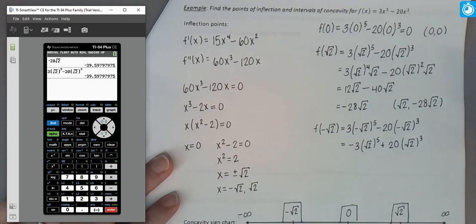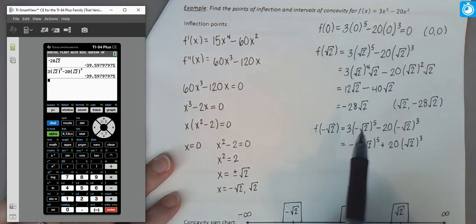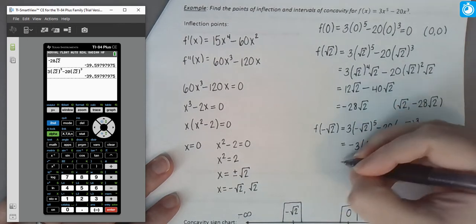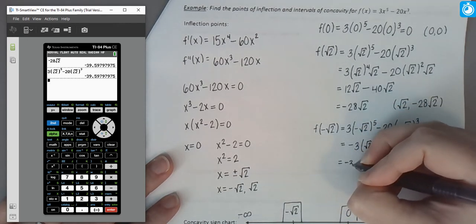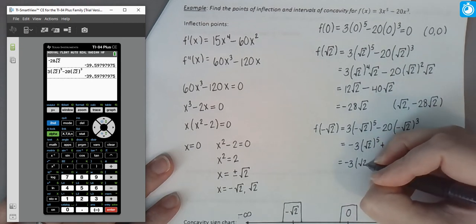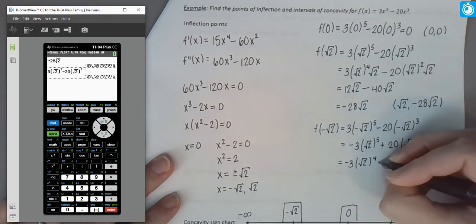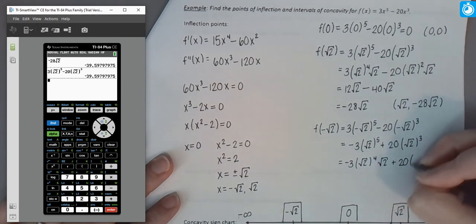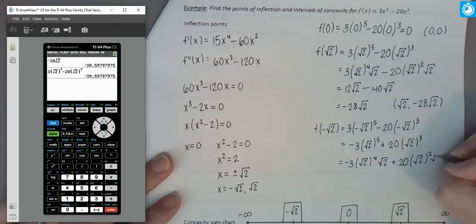Okay, and we already determined what happened with root 2 to the 5th power and with root 2 to the 3rd power. But just to be thorough, we have negative 3, and then we break this down into root 2 to the 4th power times that extra square root of 2 plus 20 times root 2 squared times that extra square root of 2.